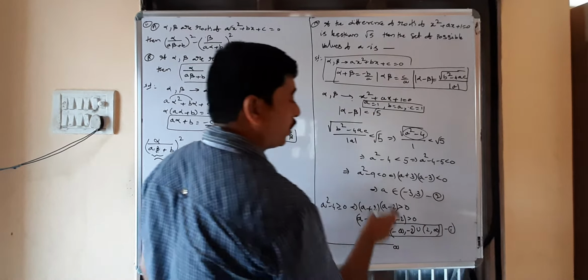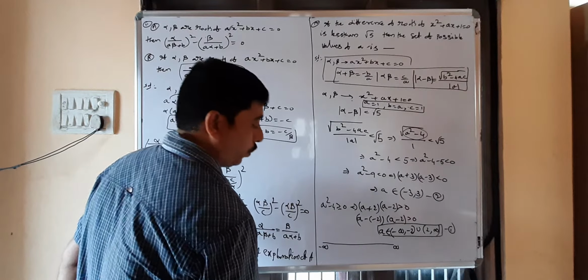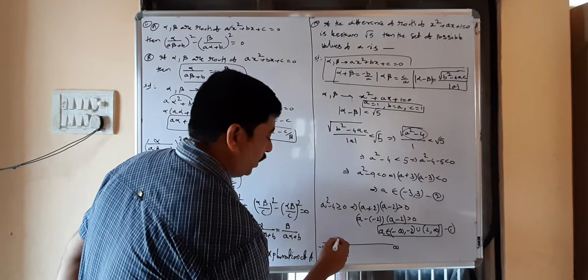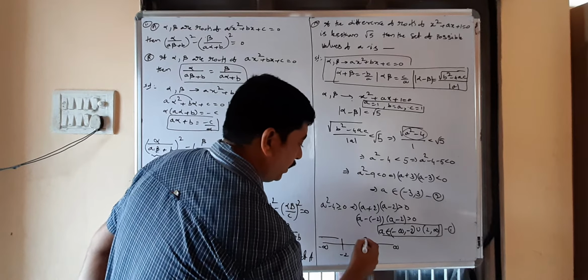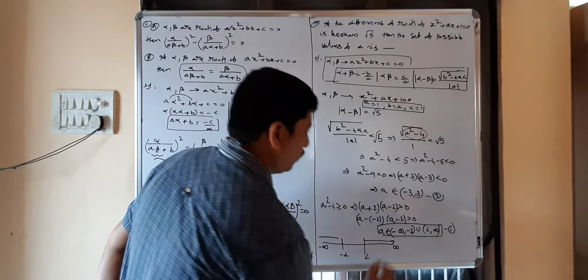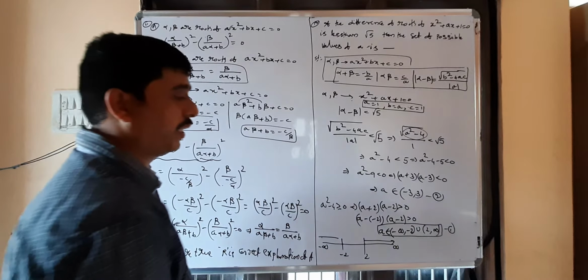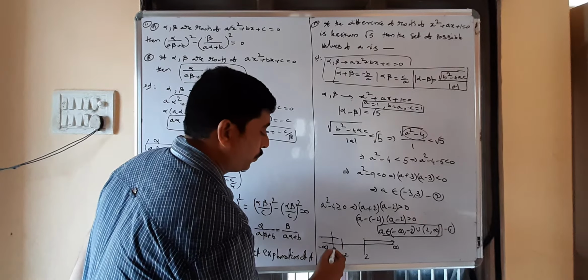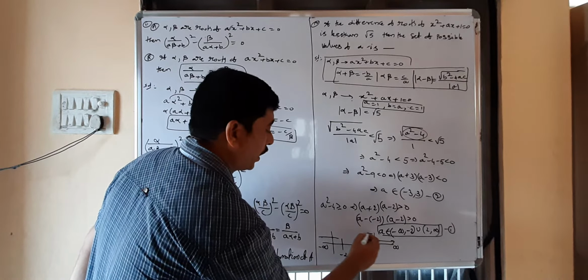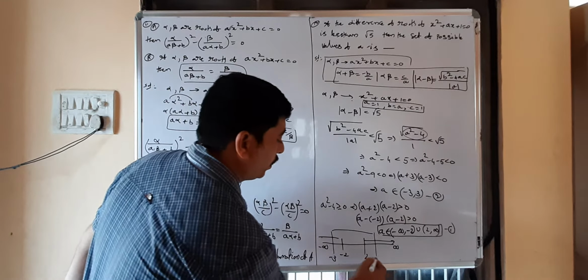Now a must belong to the common interval of the first and second intervals. Less than minus 2 is this interval, greater than 2 is this interval. The first interval belongs to minus 3 to 3.